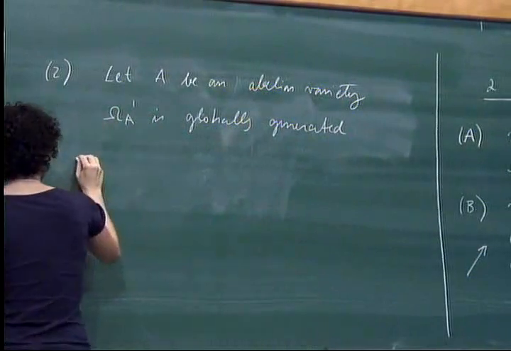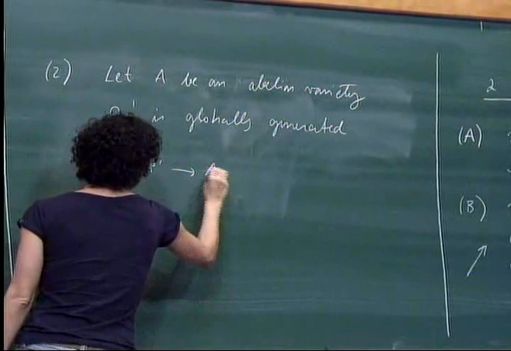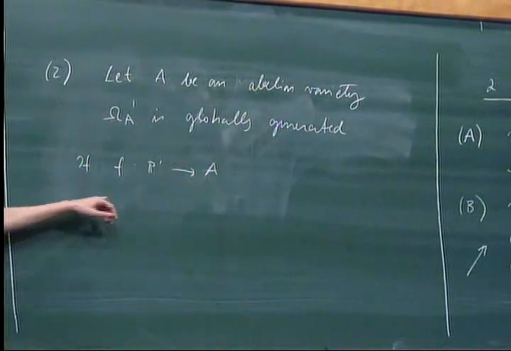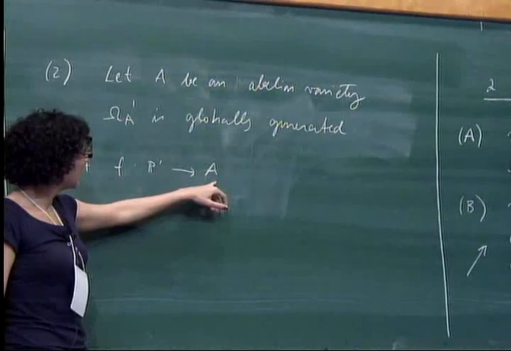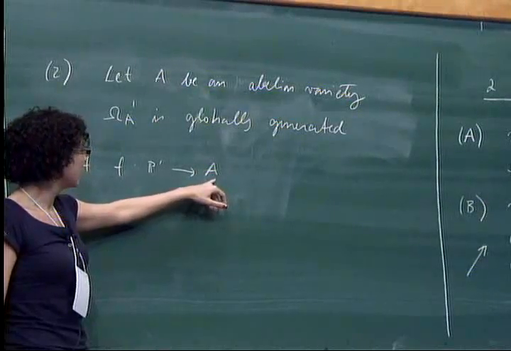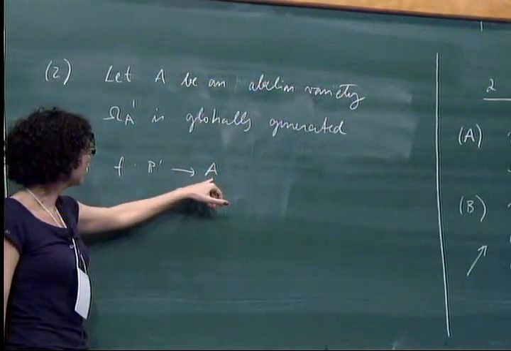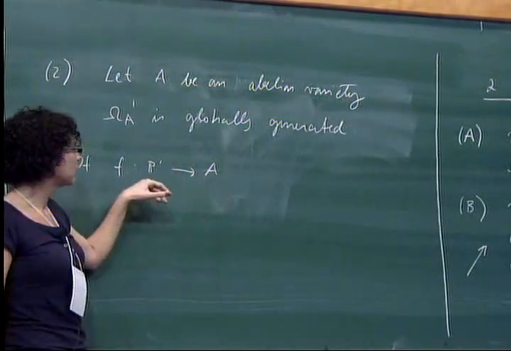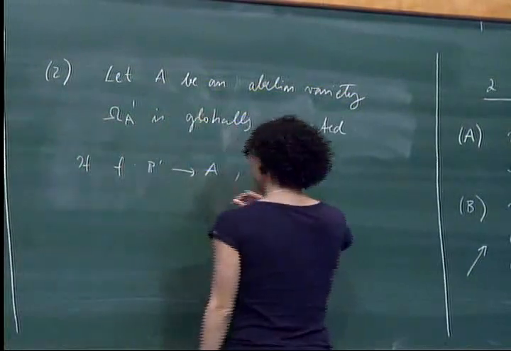So if you have a morphism F from P1 to A, again, you have to choose here a one form that does not vanish identically on the image of P1, and then you pull back this form, you get a 0 form, and again, this will show that F is a constant map.